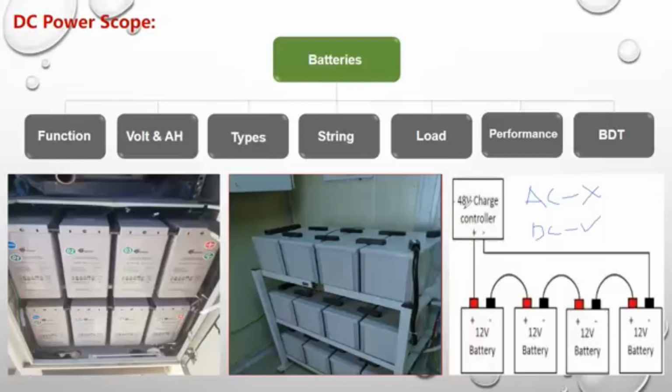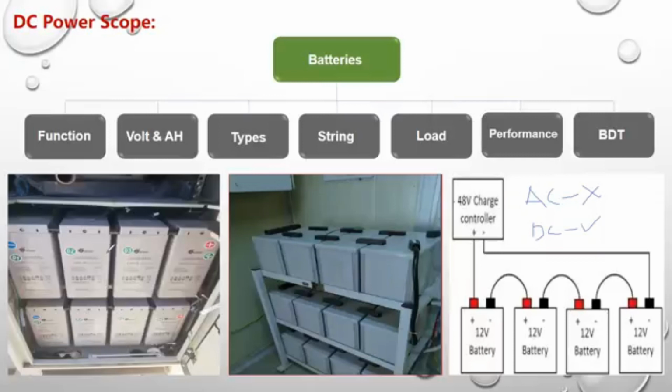So since I want 48 volt DC, I need a number of batteries to be connected continuously with each other so they can give me this 48 volt DC.